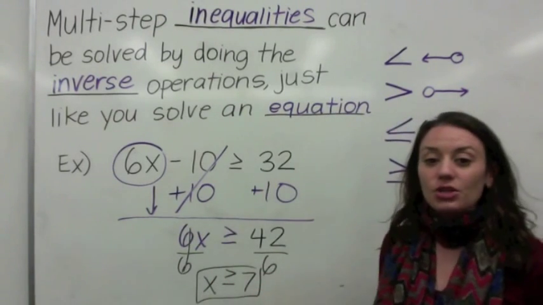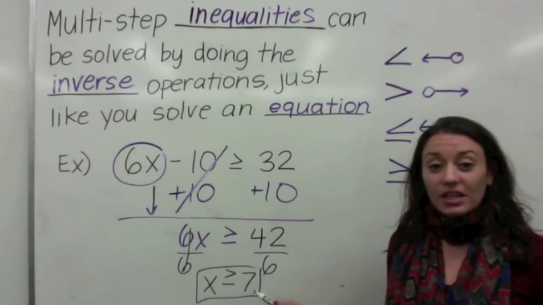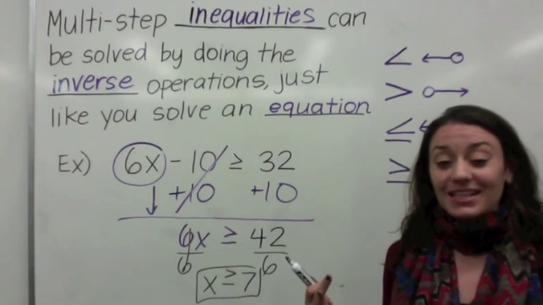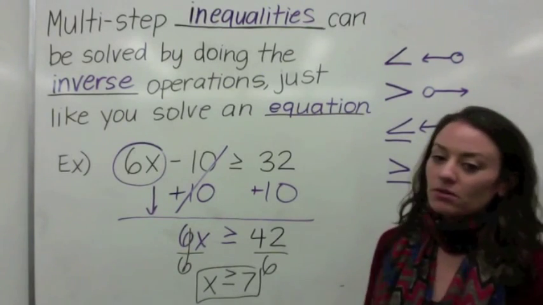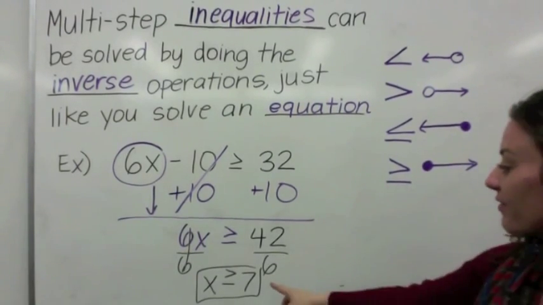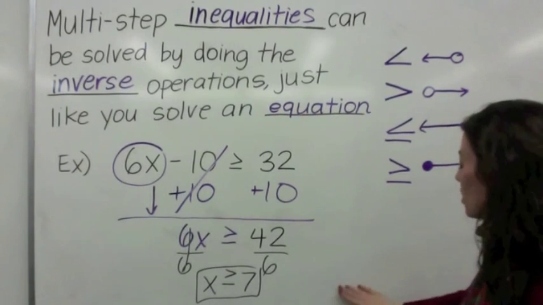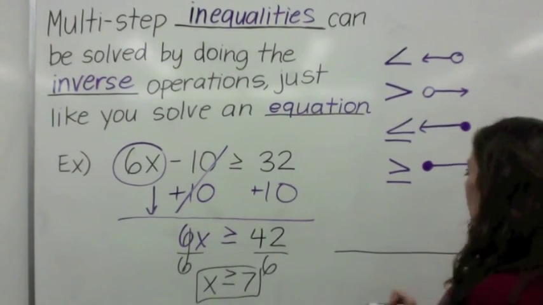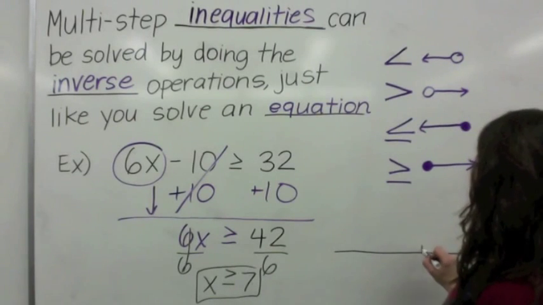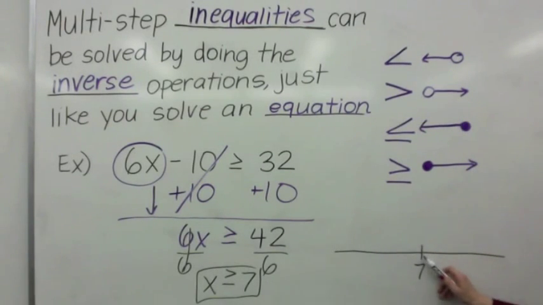Now, when you see an inequality, how do you represent this as an answer? Because the answer is not just 7, or is it? It could be equal to 7, or it could be more. So we represent what we call the solution set graphically, and the critical value is 7. Would it be an open circle or a closed circle?